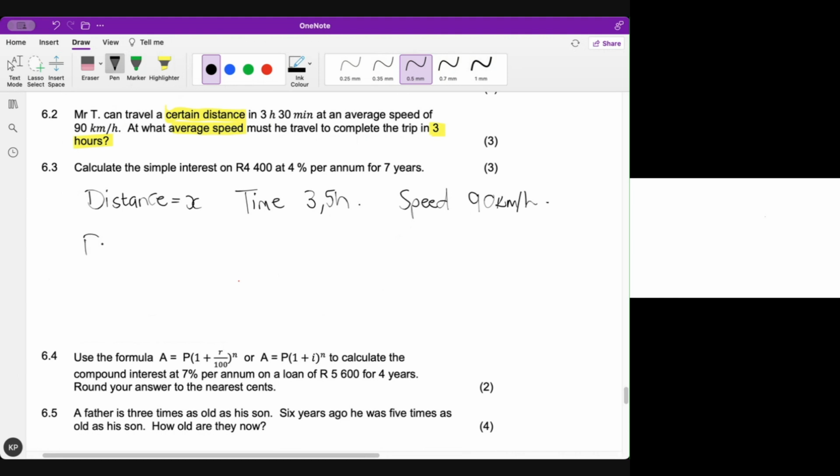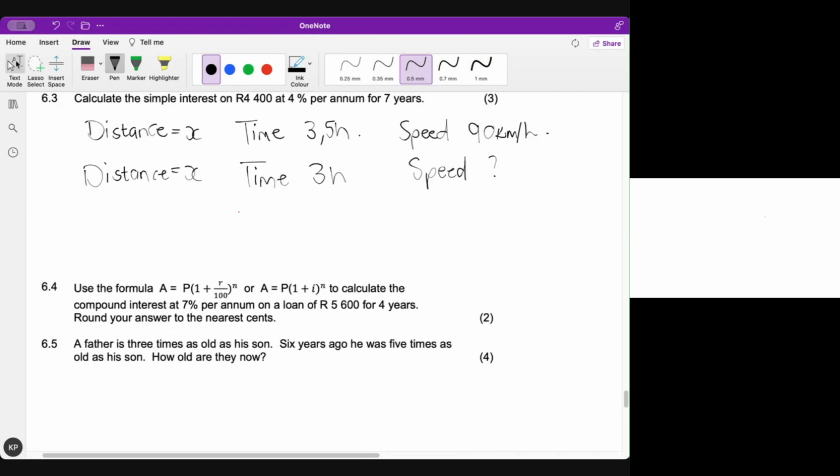So the distance didn't change. That's important that you understand that. I'm traveling the same distance of x, but this time I want my time to be 3 hours, and I want to know what speed will make that happen. Is everybody with me so far?